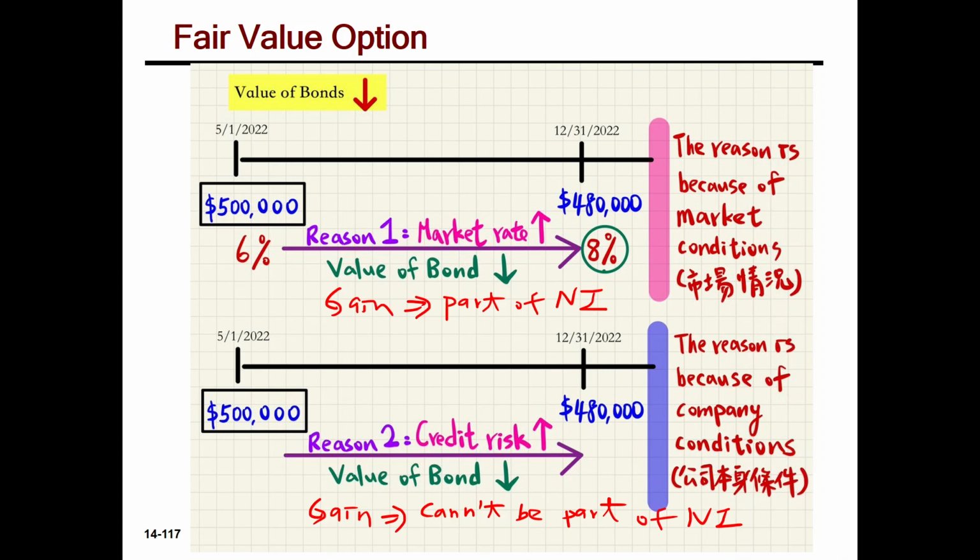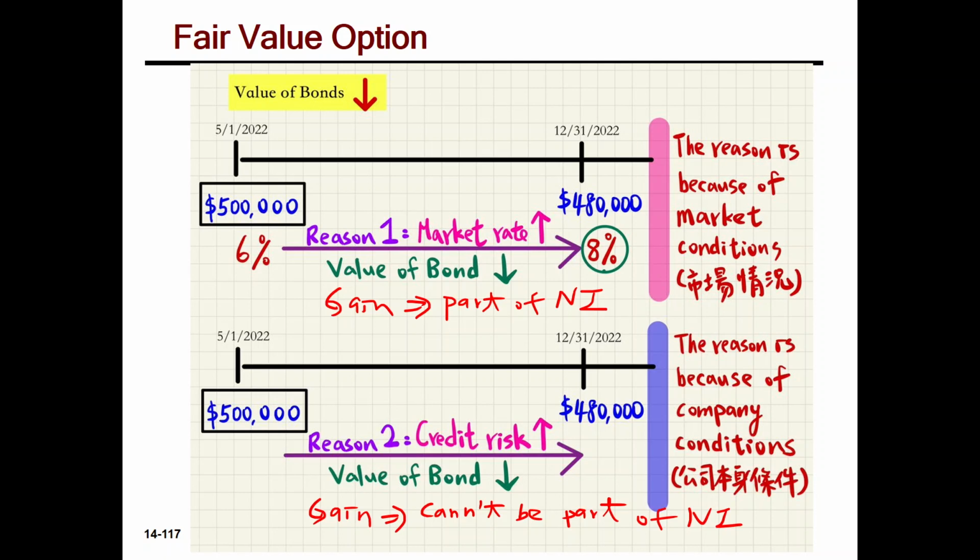When we decide to use the fair value principle, 公允价值原则, the thing that makes it weird is that when your bond value decreases, you have a gain. Since it's quite weird, accounting tries to make it less weird. First reason: because of the market, not your fault, we allow you to make the gain become part of your net income.